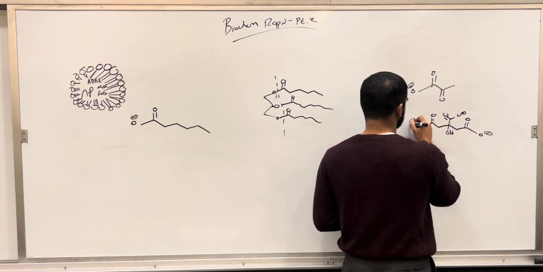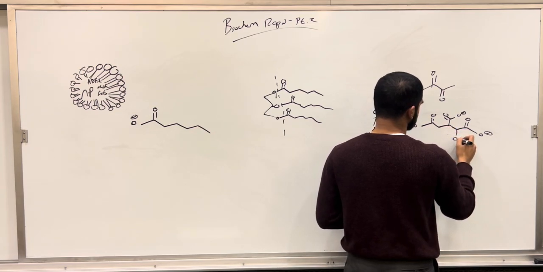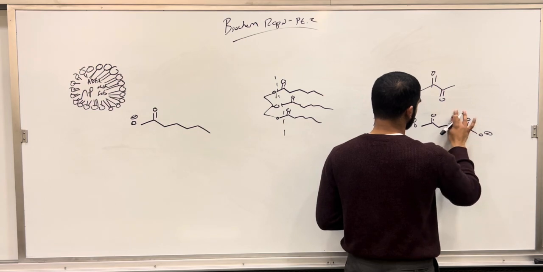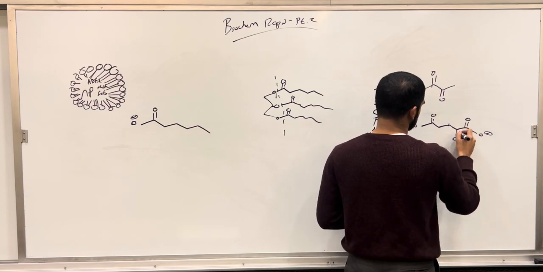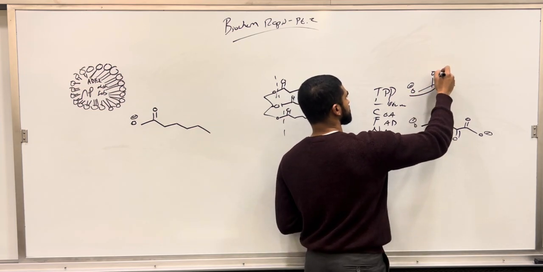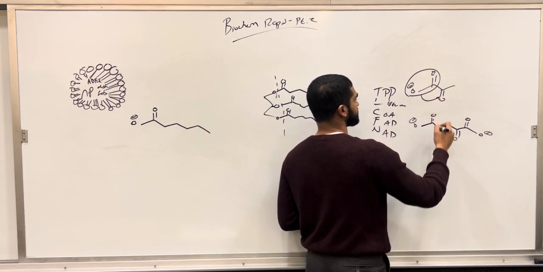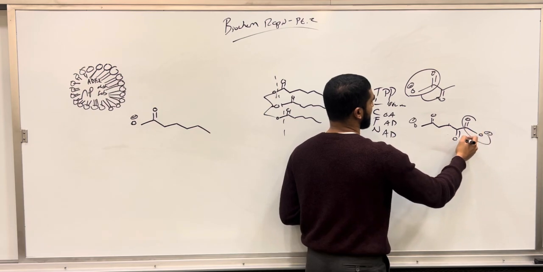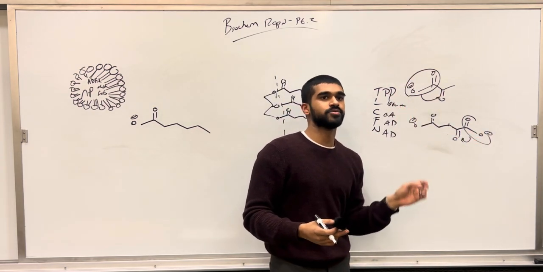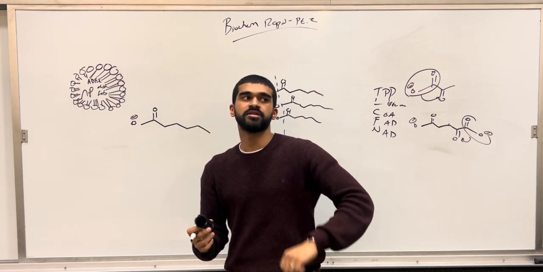Okay. Citrate, isocitrate, alpha ketoglutarate. There we go. Alpha ketoglutarate, right? You'll see carboxylate alpha to a ketone, carboxylate alpha to a ketone. So when that carboxylate has to go away, we use TPP, which is thiamine pyrophosphate.